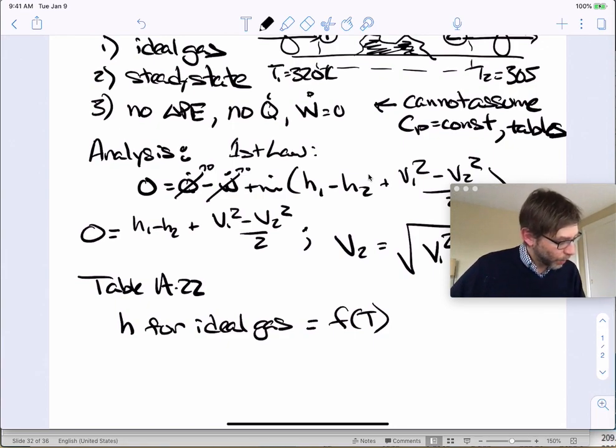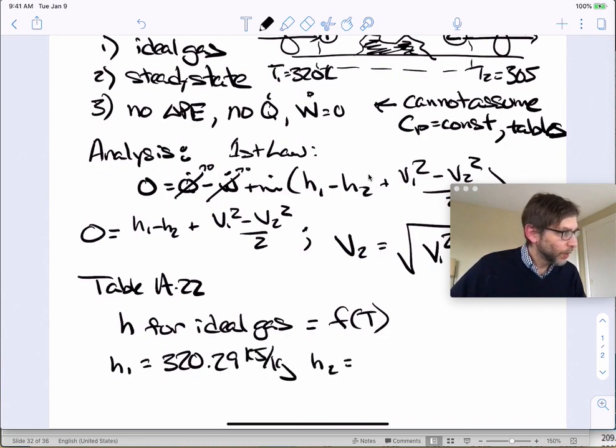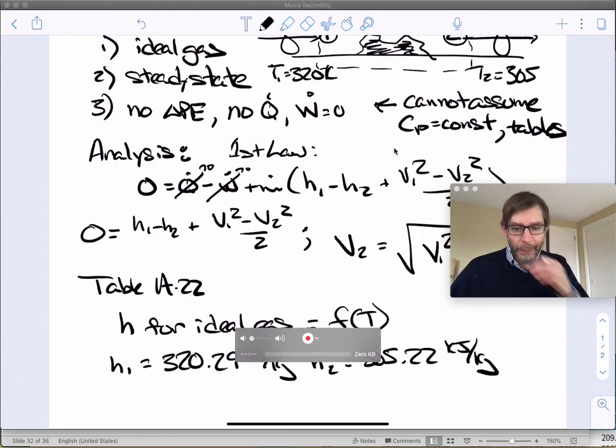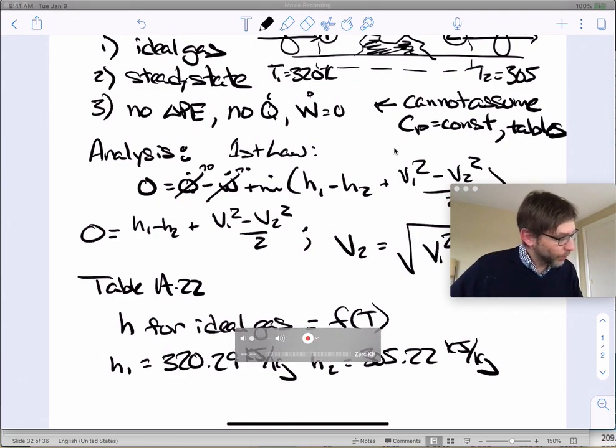Good to know. So we know h1. If you look up table A22, I'll just tell you what it is: 320.29 kilojoules per kilogram. And h2 is equal to 305.22 kilojoules per kilogram. So we know that already.